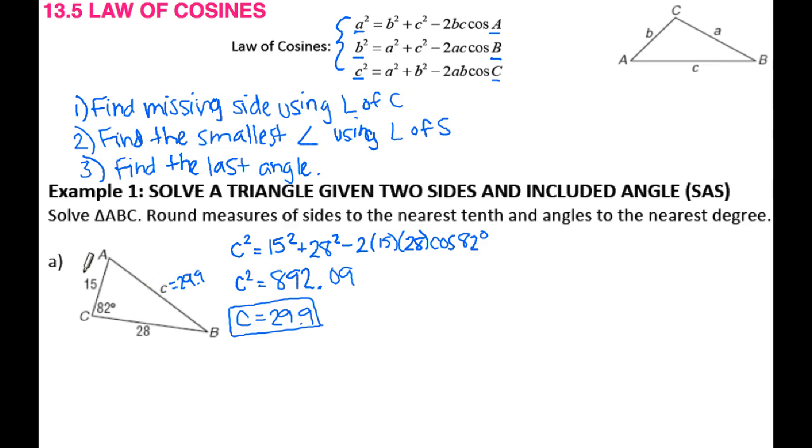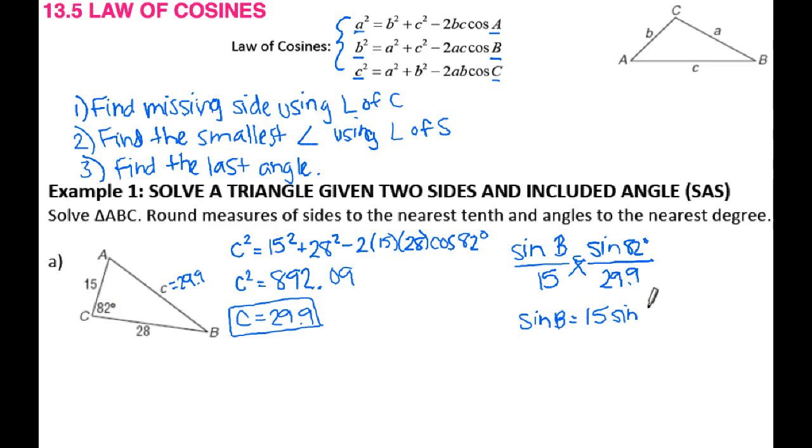So my smallest side is the 15, which means my smallest angle is going to be angle B. So I have sine of B over 15 equals, and now we have the angle and its corresponding side to set up the law of sines. So I have sine of 82 over 29.9. I can cross multiply. I have sine of B equals 15 sine of 82 degrees over 29.9.